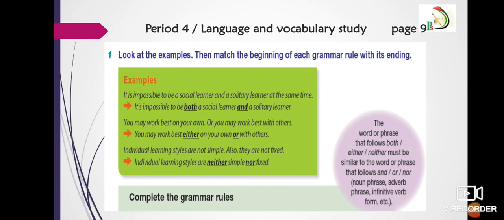If the subject needs us to work in a social learning style, we will go for social. For example, maths. We learn maths in a group. But when it comes to English or Arabic languages, we prefer solitary learning. See? So it's neither fixed nor simple.